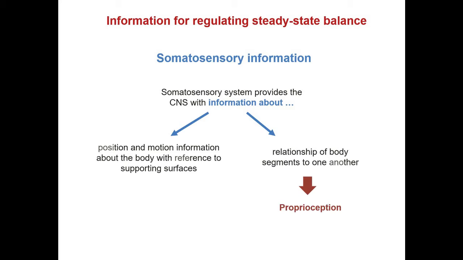You're probably quite familiar with the term proprioception. Proprioception is the technical term for capturing the relationship between one part of the body and another. The technical term that you might be less familiar with is exproprioception. Exproprioception captures the relationship between the body and the surrounding surfaces.